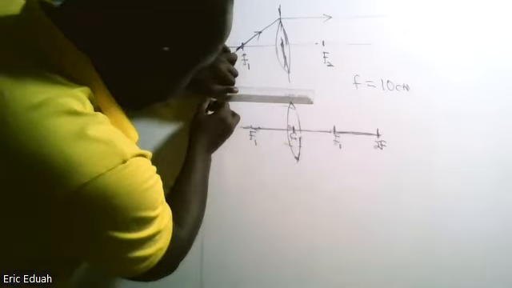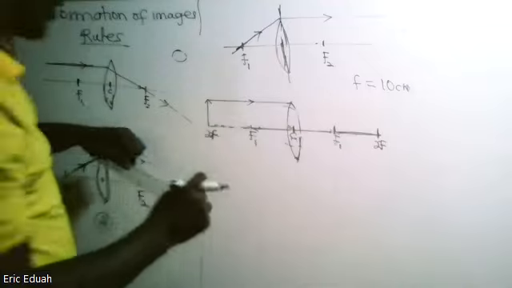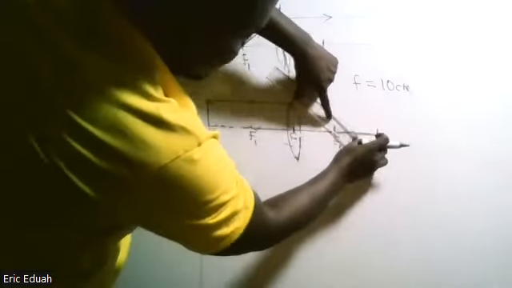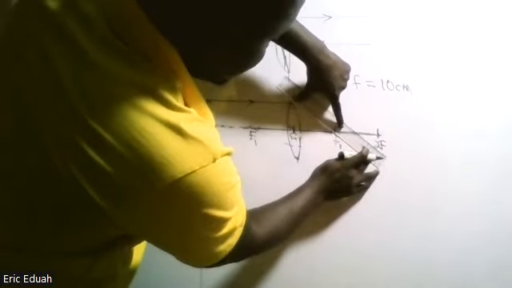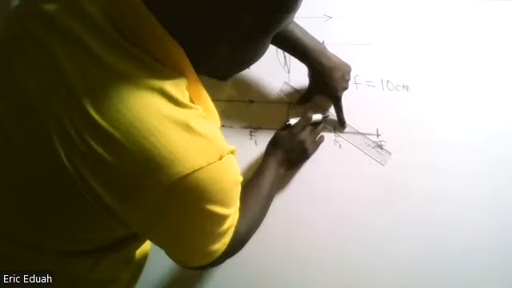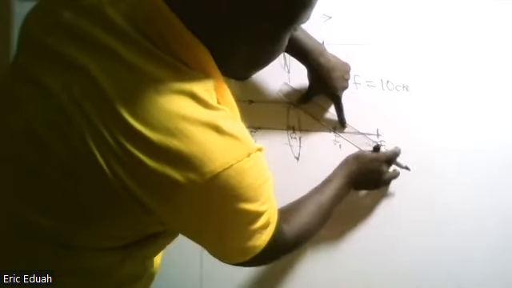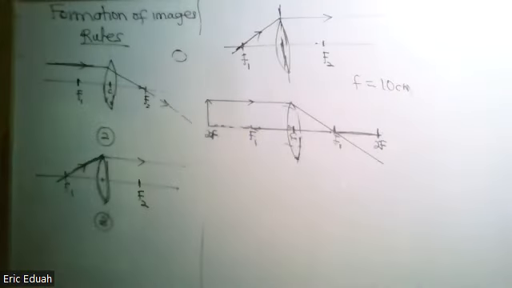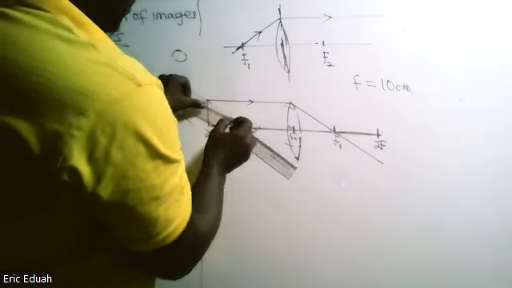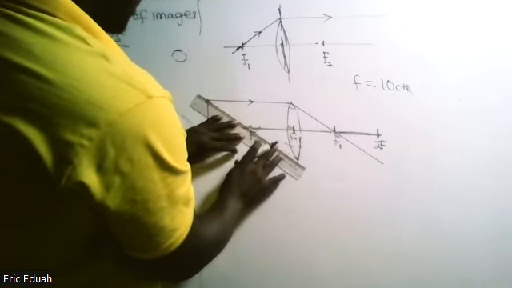So a ray parallel to the principal axis after refraction would have to pass through the principal focus, the second principal focus. That's the first one. Then a ray of light from the object passing through the first principal focus.